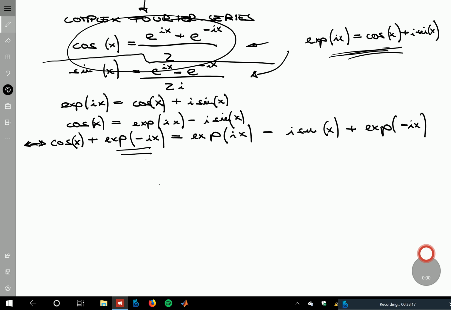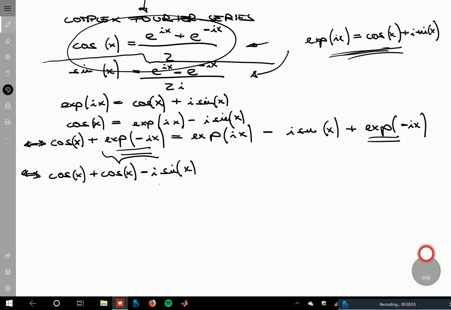So this was newly added, but otherwise things were as before. And then we can expand this again in terms of Euler's formula. So that's now cos x plus cos x minus i sine x.